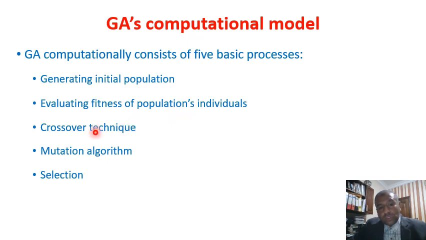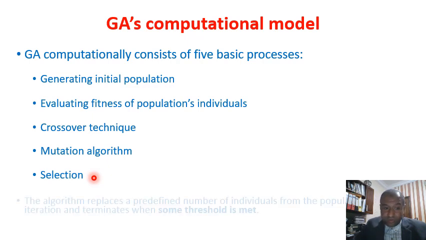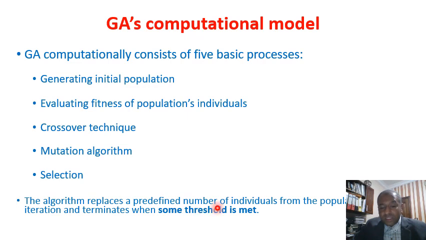And through crossover technique and implementation algorithm, we mix reproduction of children or offsprings from parents. And finally, we make selection. And then we repeat the process until we arrive at some threshold.